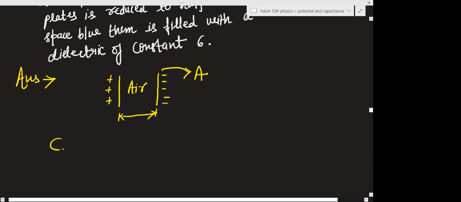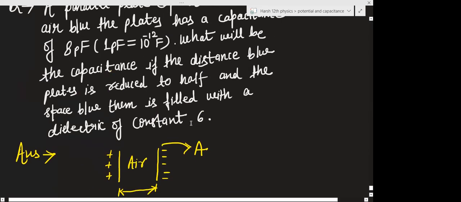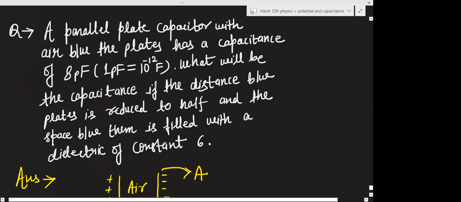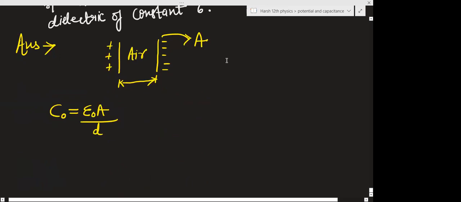So capacitance will be epsilon 0 A divided by d. And this capacitance is given as 8 picofarad.